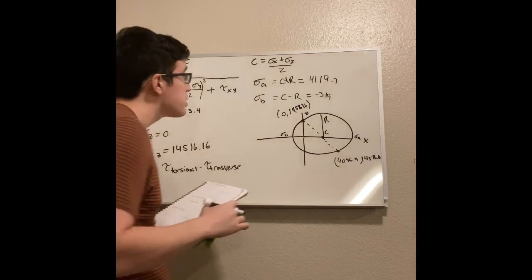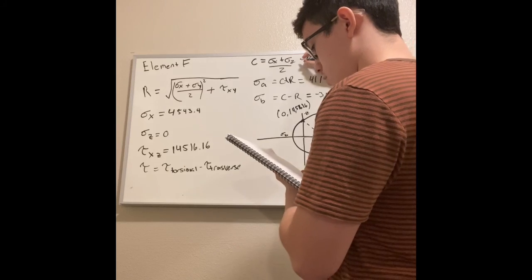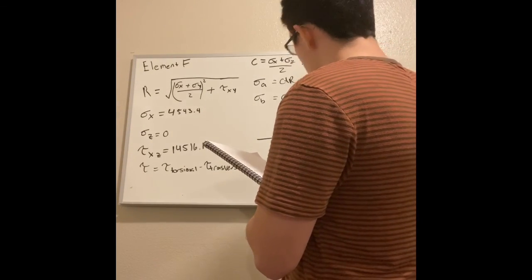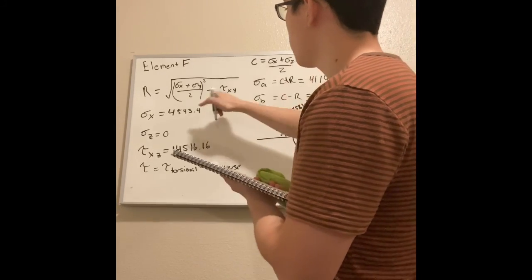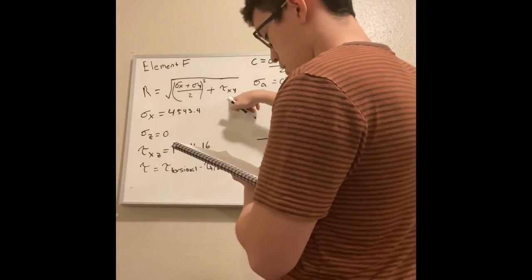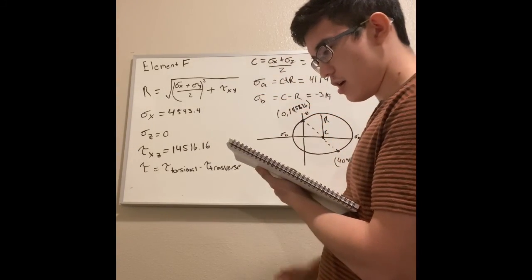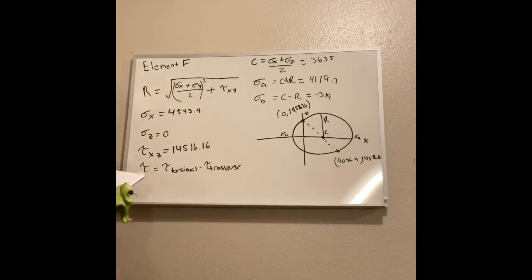So our center for element F was found out to be 3,635, and then you would plug that in here, square it, and then add the shear.